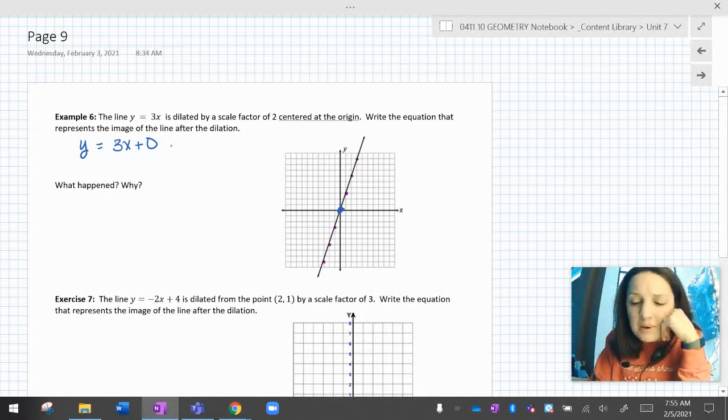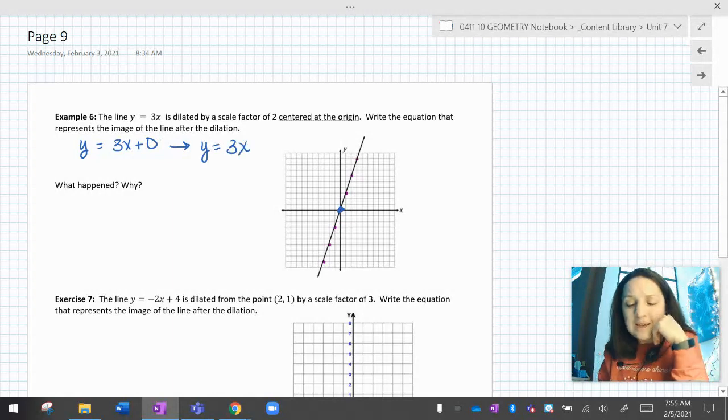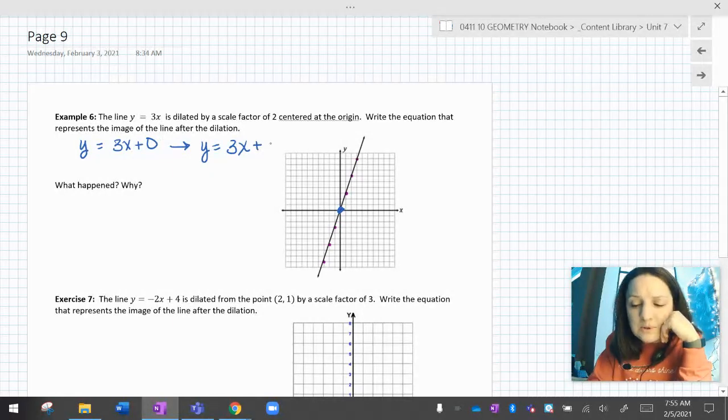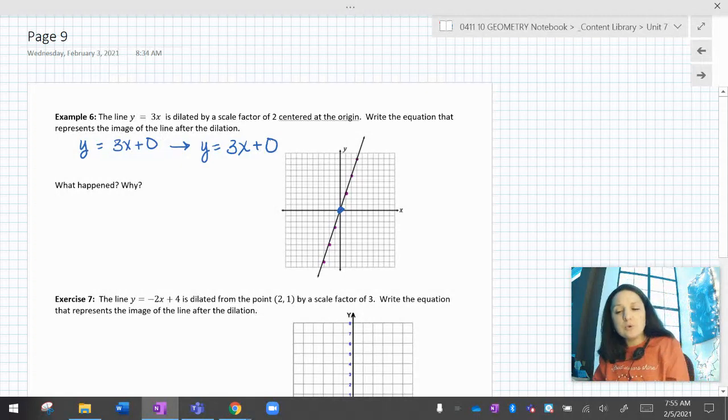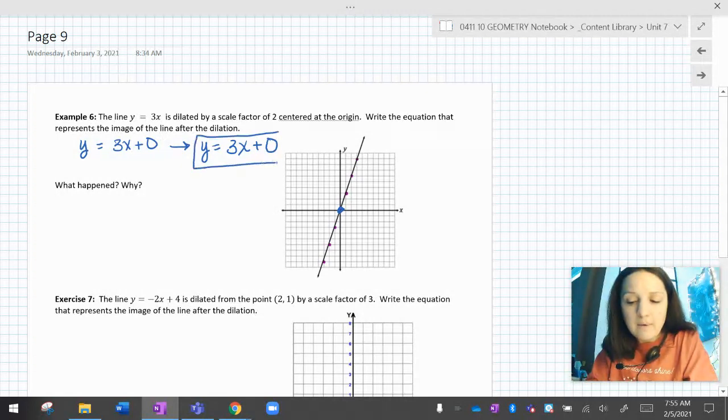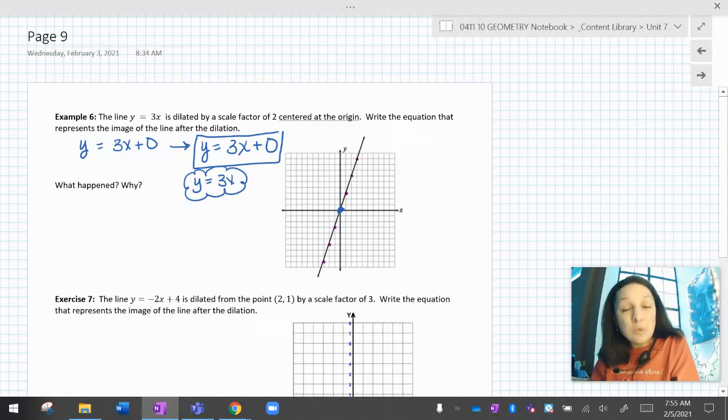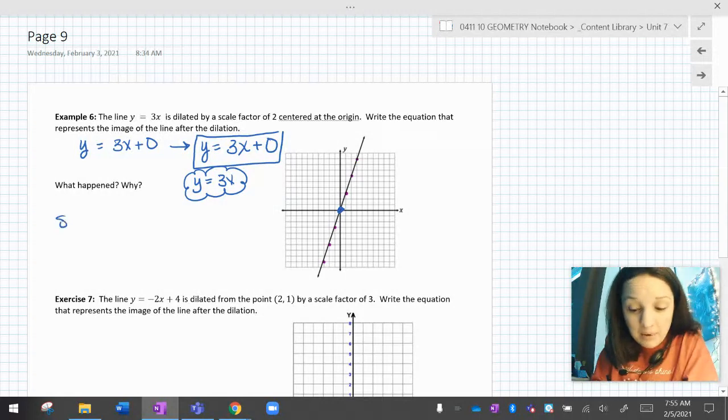If I dilate that by a scale factor of 2, my slope is going to stay the same. My y-intercept is going to be multiplied by 2 and stay the same. So y equals 3x plus 0, or really just y equals 3x, is the new line. But it was also the old line. What happened? It stayed the same.